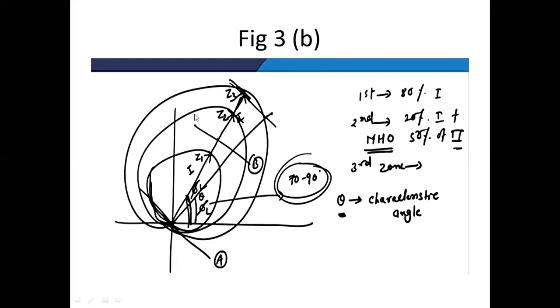Now, as I have told you, the directional relay is a two input relay, and the distance relay is also a two input relay. So we have to introduce the angle theta, which is known as the characteristic angle. So this is theta, the characteristic angle.